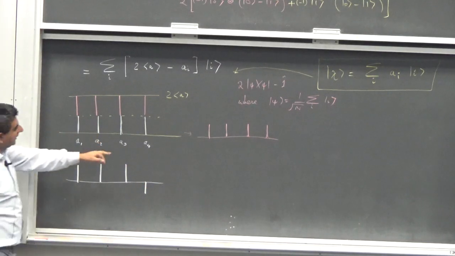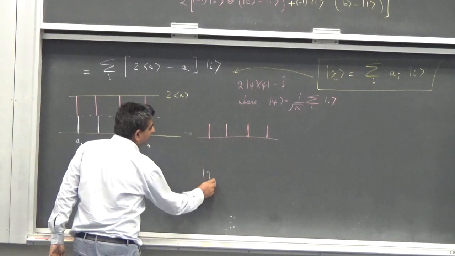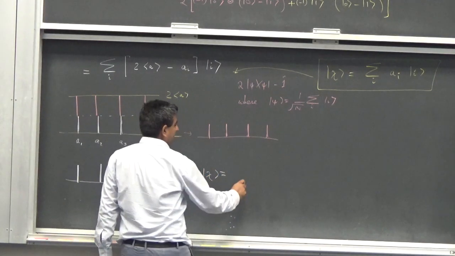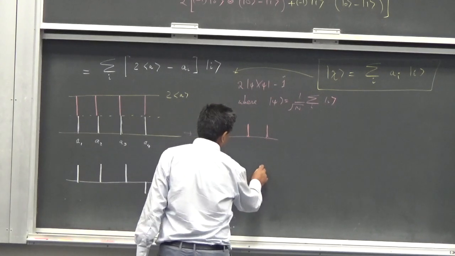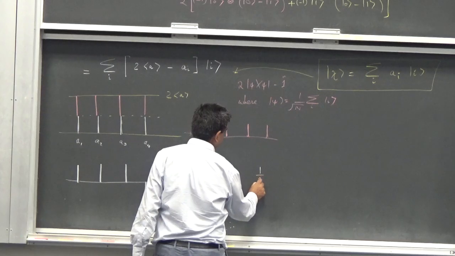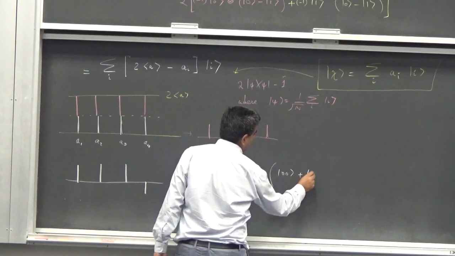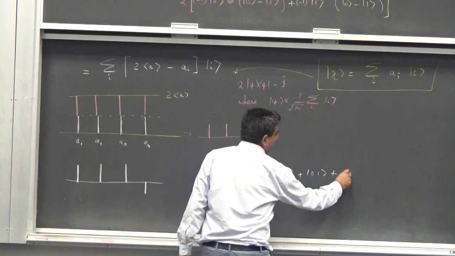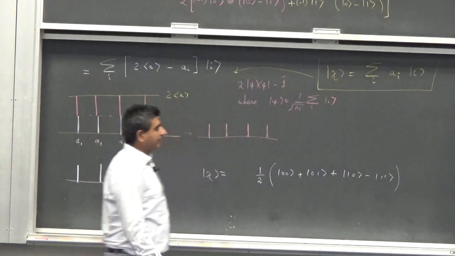If one of the amplitudes were negative, suppose my input state were this, say my chi were some state.